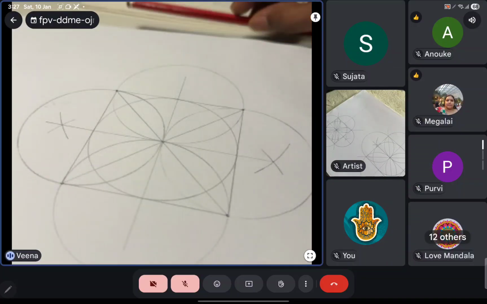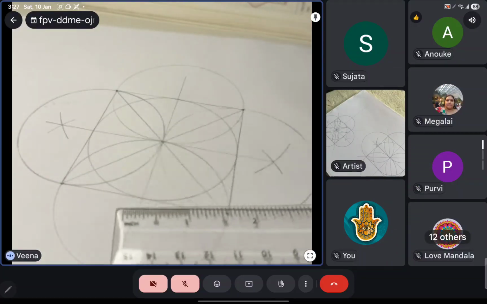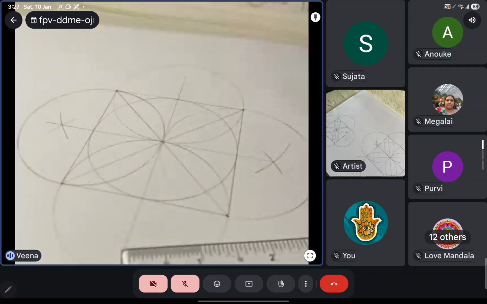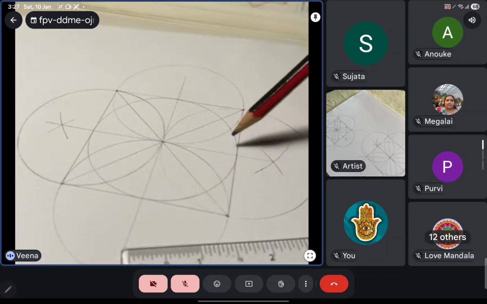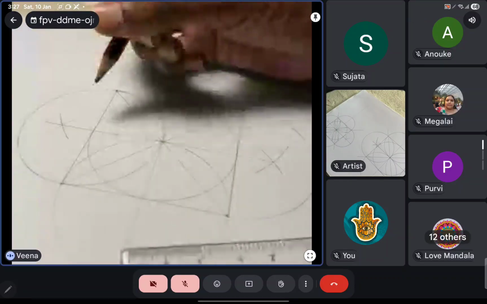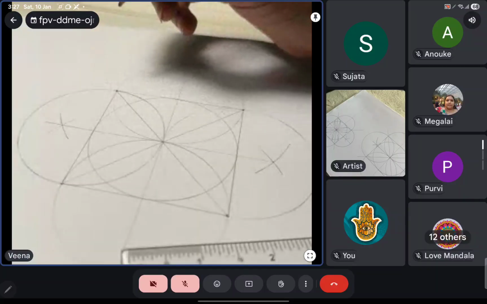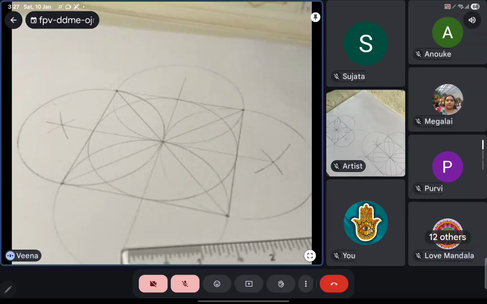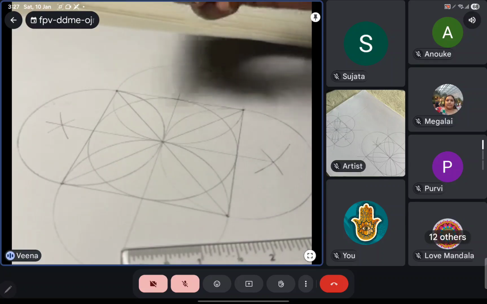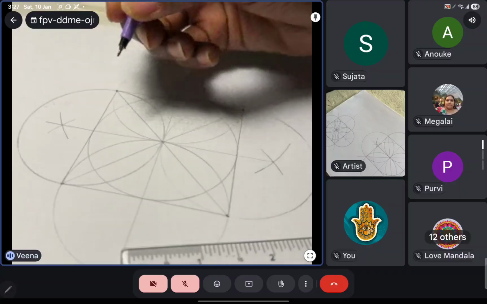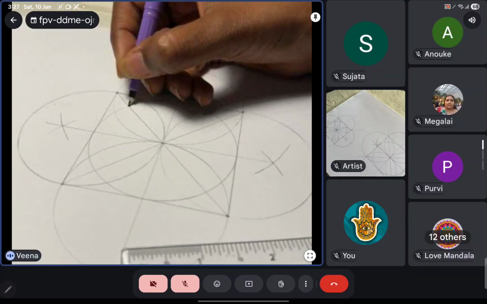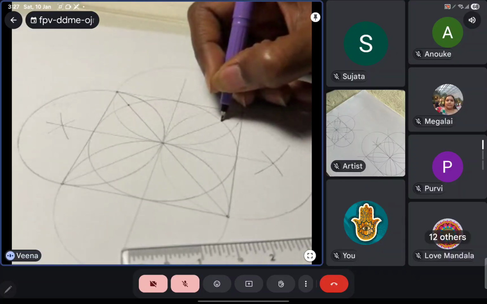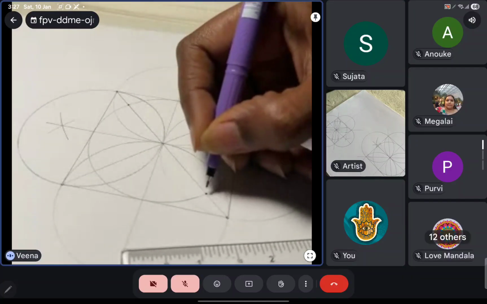Perfect. So now we're going to make a square within this because we're going to construct our pattern within the square. So again, now I'll give you one pro tip. If you feel at any point this is confusing, I've also asked you to get a few color pens. Just take a color pen and mark those points, what we're going to do.